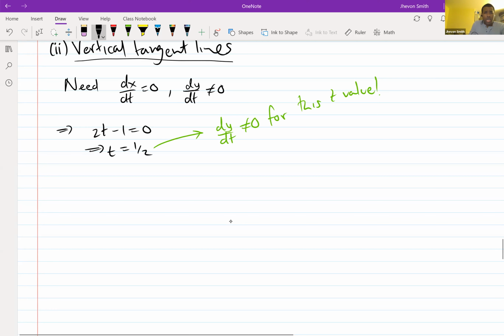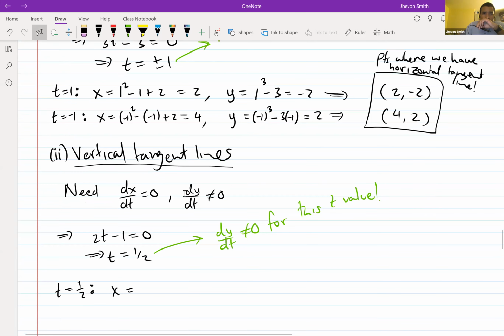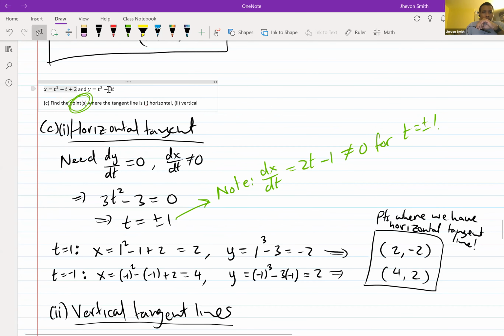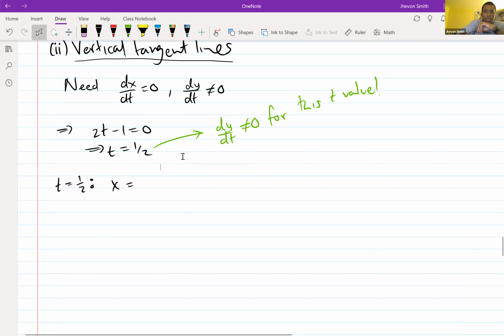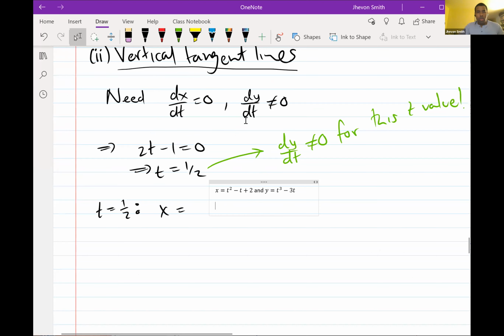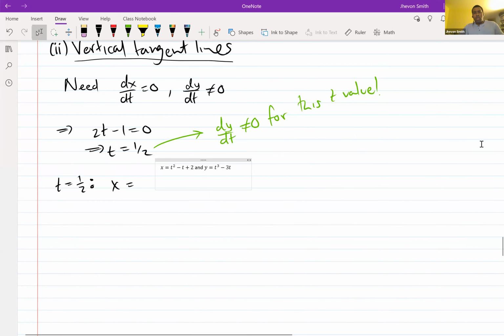So now when t equals a half, our x is going to be equal to, what was our x? Okay, so our x is going to be, I'm going to plug in a half here.